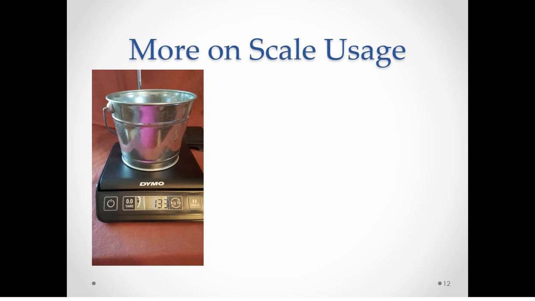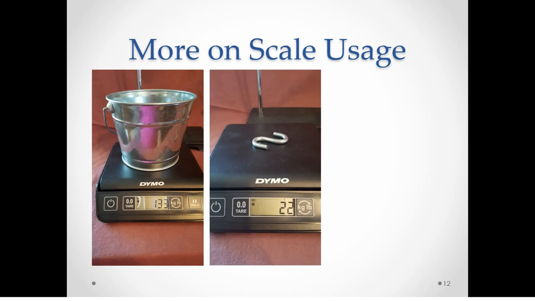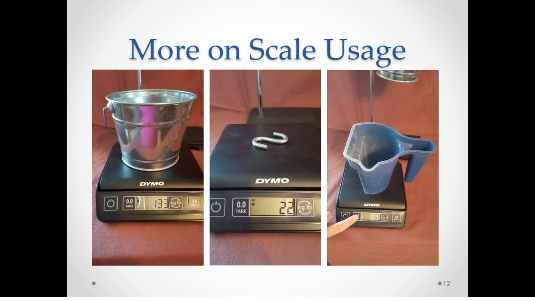The first masses to be suspended from the spring are the bucket and the S-hook. They must be placed on the scale to measure their mass before the experiment begins. After that, river rocks will be measured on the scale for each incremental mass that will be added to the bucket.